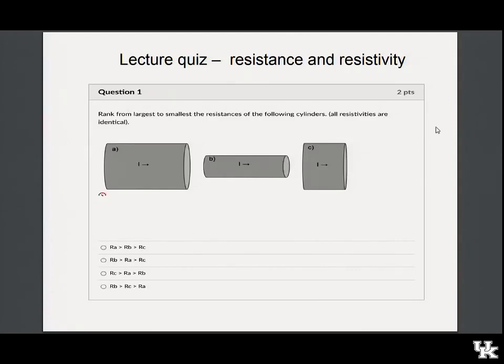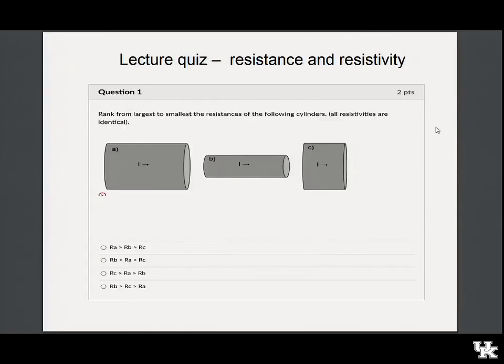From the perspective of these three wires, it's both a long wire and a narrow wire, so this one has the greatest resistance. The one with the least resistance is the one that's the shortest and has the greatest cross-section, this one here.